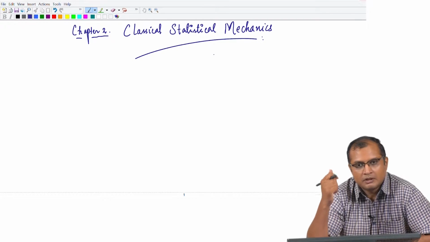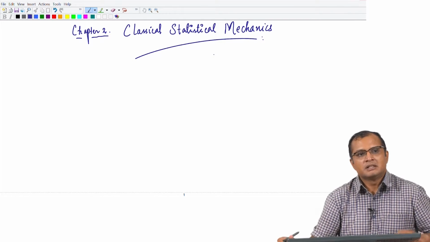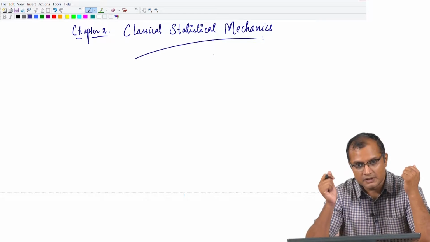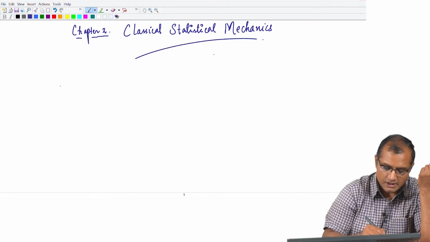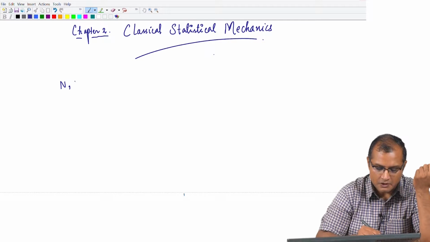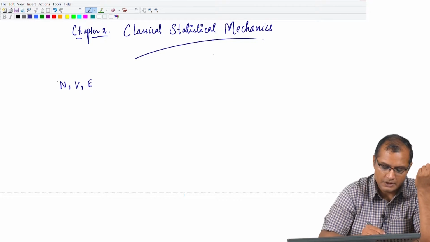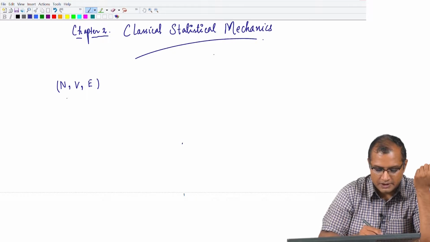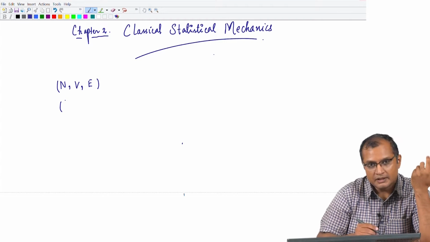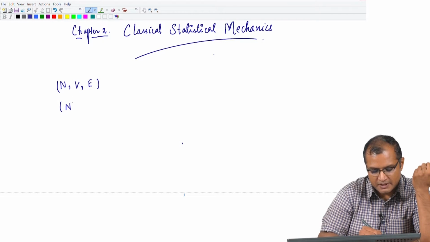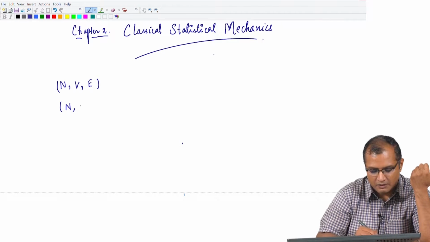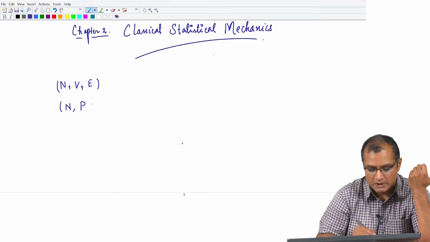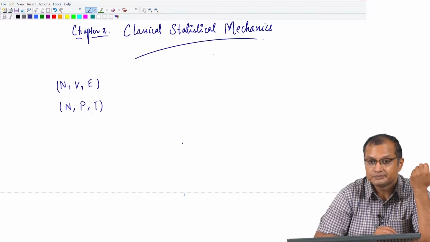Okay. By thermodynamic states I mean the macro states available to the system, meaning for example the values of number of particles, volume of the room and total energy of the room. This would be an example of a macro state. You could also say that I am interested in the number of particles, pressure in the room and the temperature of the room.